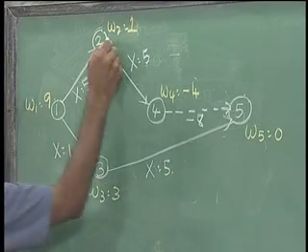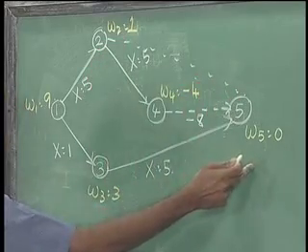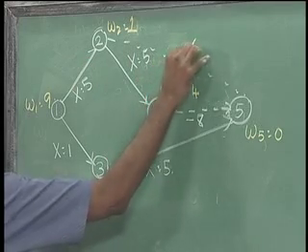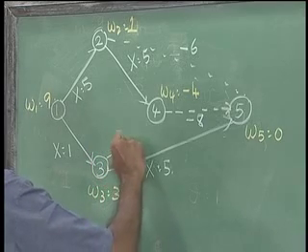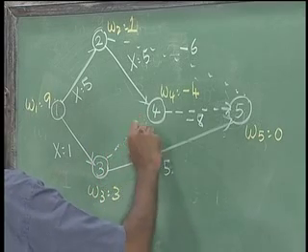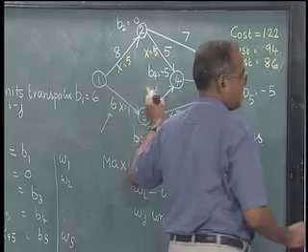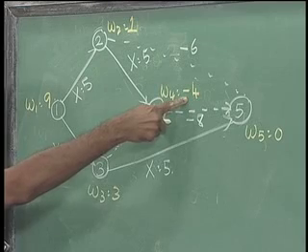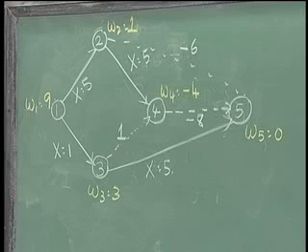We have another non-basic arc, Wi minus Wj minus Cij, 1 minus 0 minus 7 is minus 6, and the third one comes here, Wi minus Wj minus Cij, 3 minus 4 is 3 plus 4, 7, 7 minus 6 is plus 1.